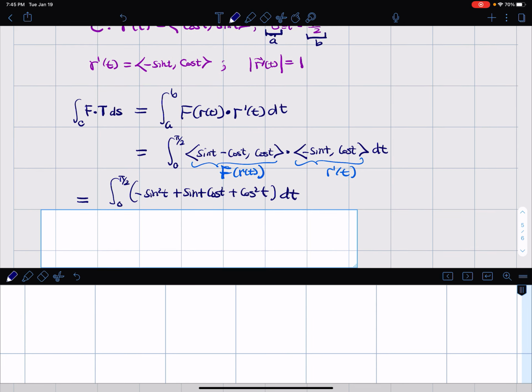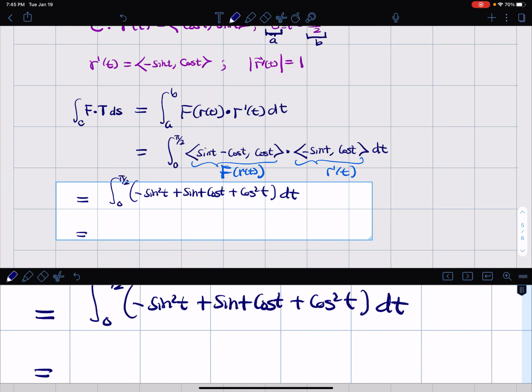That's what I got. The first and the second term can be combined to give us something.